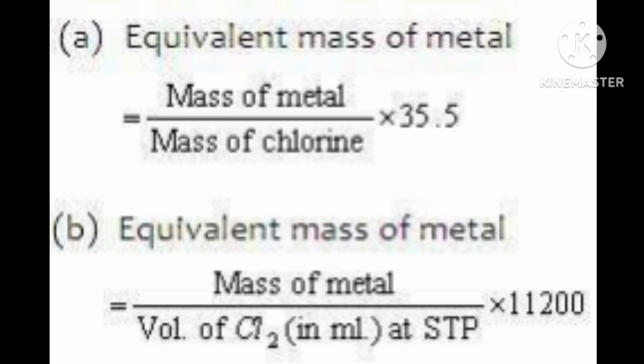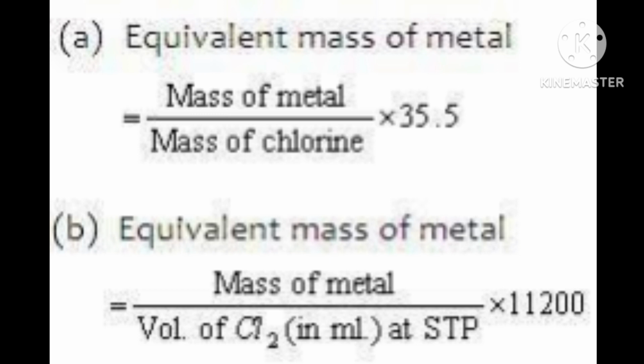Similarly, equivalent weight of a salt. How will you calculate? Again, an easy way. Equivalent weight of salt is equal to molecular weight of the salt divided by the total positive charge of the metal atoms.